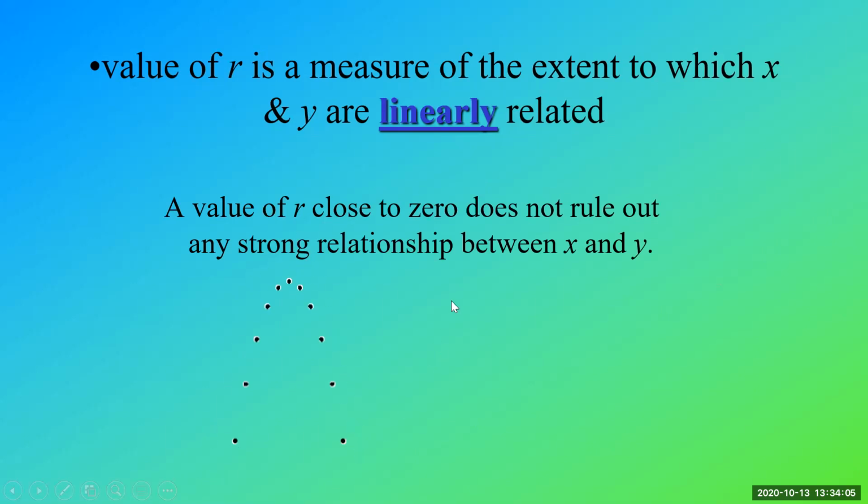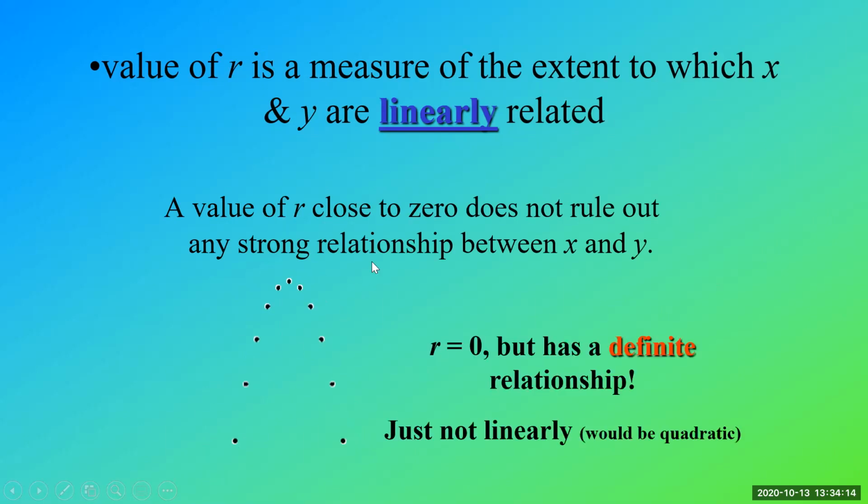But when I find the R value here, if I were to do a least squares regression line, it would probably be pretty close to 0. That's not making a line. Okay, but it doesn't mean that there's not a relationship. It just means it's not linear. This one actually makes a quadratic, which would mean that we should have made a quadratic regression. And we did a little bit of that in Algebra 2.